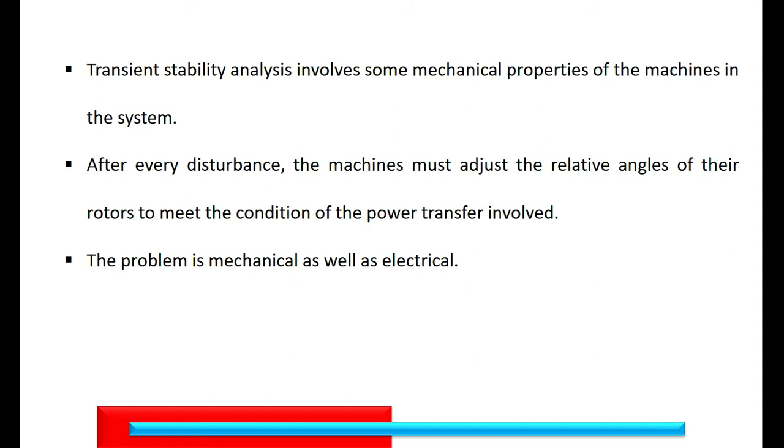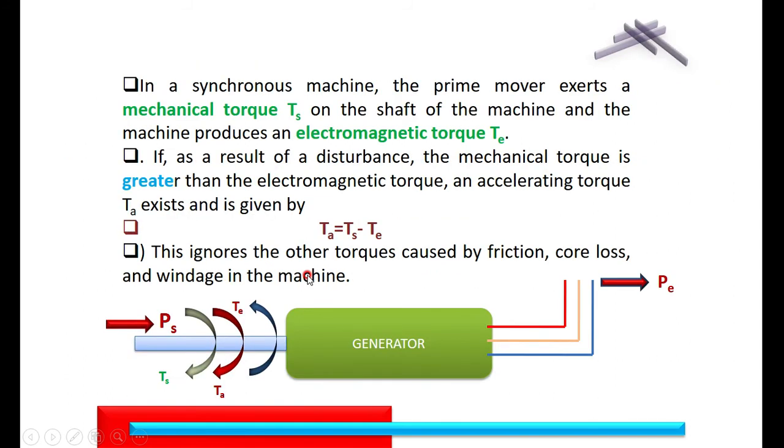There is a change in the power conditions and the load angle. Therefore, the problem is mechanical as well as electrical.